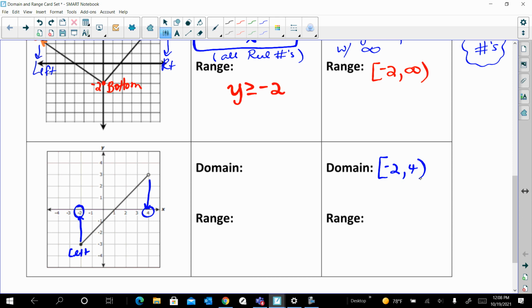So how do I write this domain as an inequality? Taking this interval, change it to inequality. What will we write? Anyone know what to write here? Now that we have this, like we did the other ones.